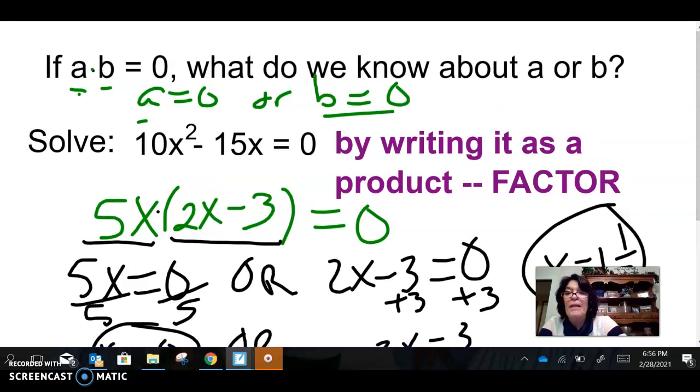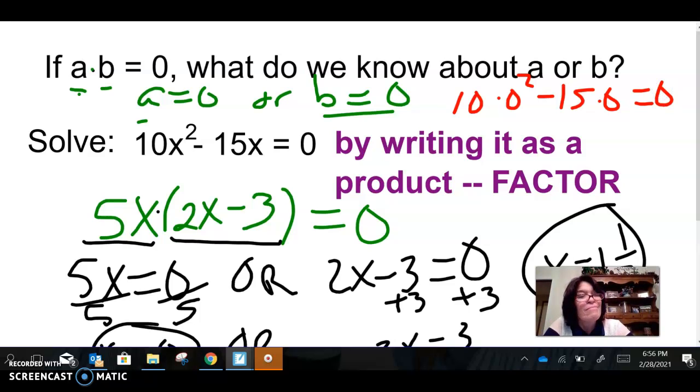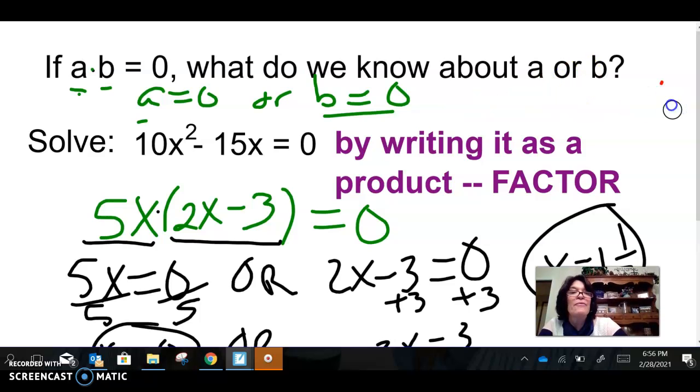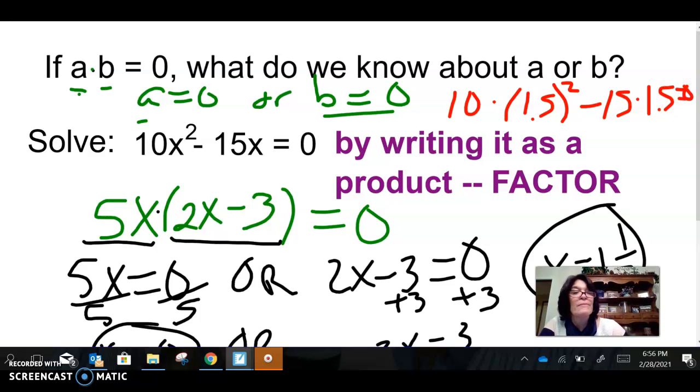Let's check it. If I put 0 in for x, that's 10 times 0 squared minus 15 times 0. Does that equal 0? Sure does. Okay, 0 works. Let's try 1.5. Does 10 times 1.5 squared minus 15 times 1.5 equal 0?